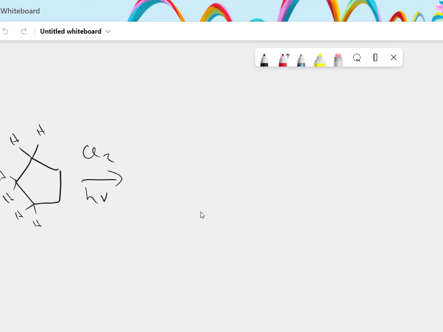So the product is any one of these hydrogens, I'll pick this one here, replaced with a chlorine like this. And that's the final answer. I don't need to show the rest of the hydrogens because it doesn't matter for the answer. What matters is the name of this molecule. It's a cyclopentane, and in the one position here is a chloro. So it's a 1-chlorocyclopentane or a chlorocyclopentane. Either of those should be acceptable answers, and that is the answer that we'll type in.